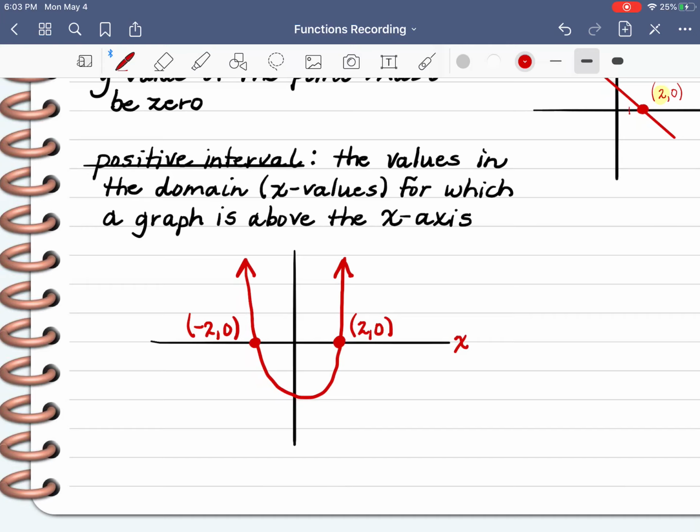So we have to look at where the x values would be positive for this graph. And this is a little bit tricky to see. You want to focus right here. Here's where the graph is above the x-axis, and that is, actually no, I'm sorry, it's when x is more than 2 or when x is less than negative 2.